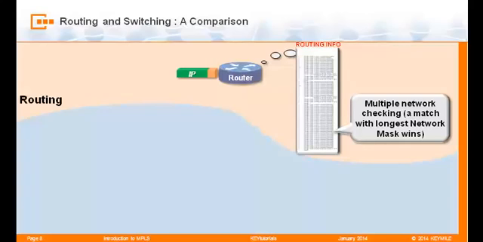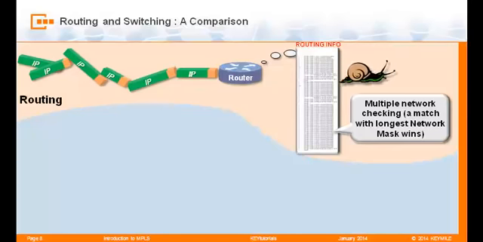And if there is no match, then it tries again with the next longest network mask, and so on. It can only forward the packet when a match has been found. And so there's often congestion, because it's a time-consuming task, and it can add significant delays to the forwarding process.